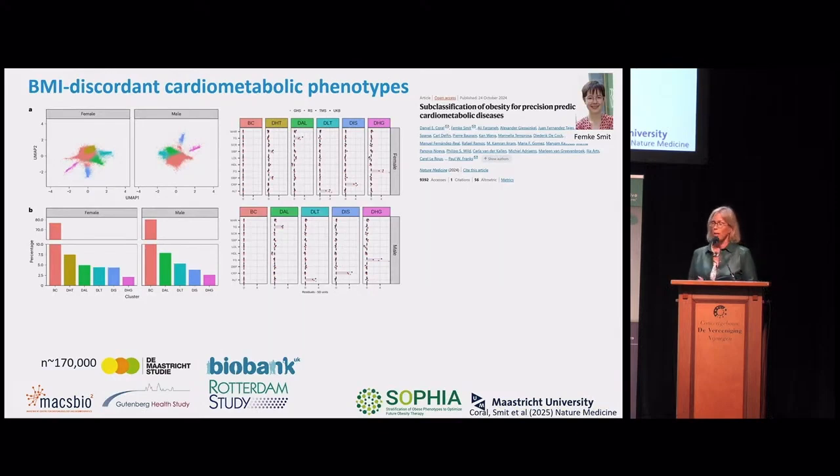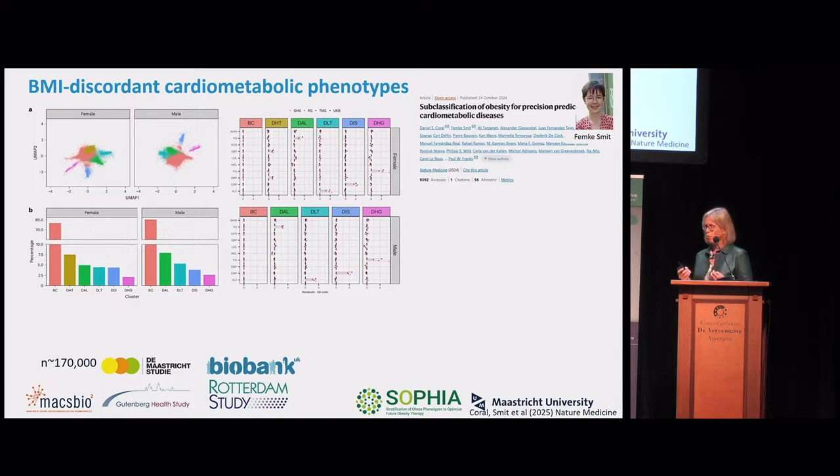A second example, which was recently published by another PhD student of ours in Nature Medicine, is where we looked at BMI discordant cardiometabolic phenotypes. So not everybody who has a high BMI is also metabolically unhealthy. And we zoomed in on this group, trying to identify people who have a cardiometabolic profile which is discordant with their BMI.